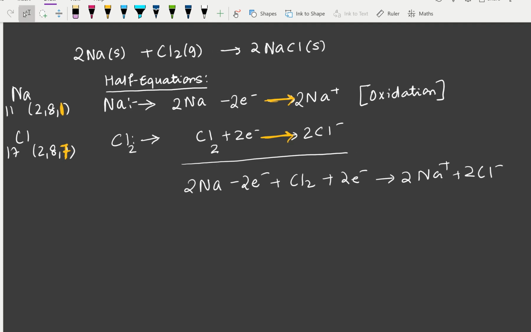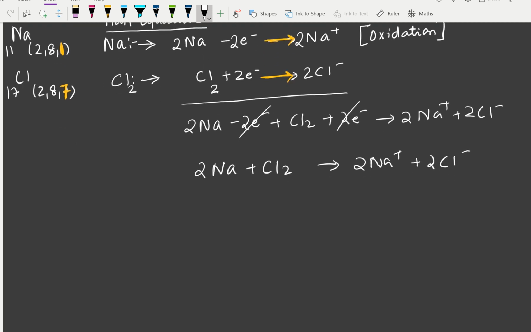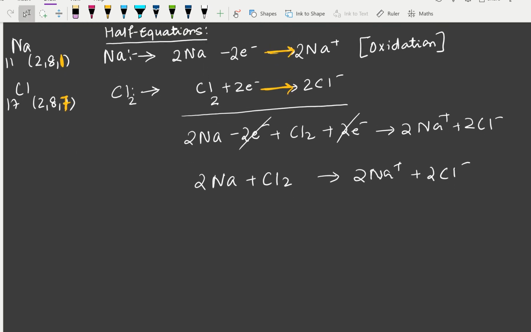I am going to straight away cancel these two electrons because I know they got cancelled. Let me rewrite this. So it becomes 2Na plus Cl2 gives 2Na plus 2Cl minus.